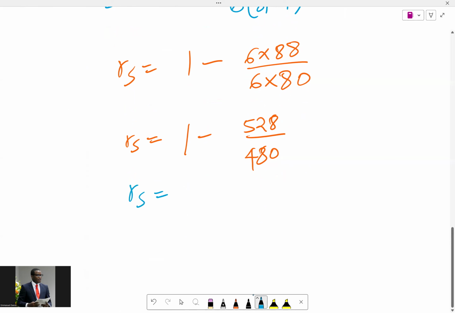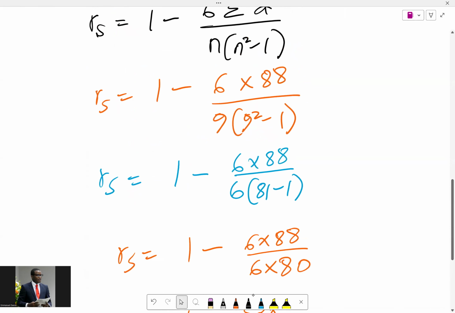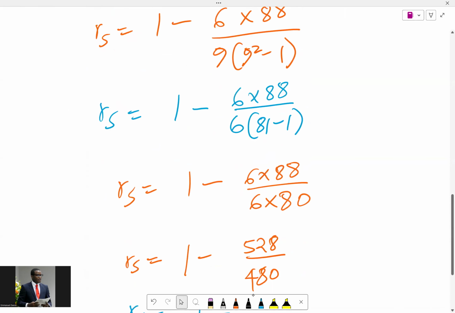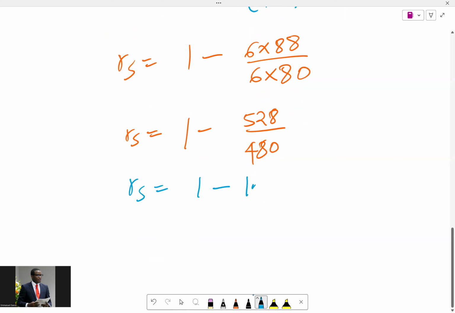Rs is equal to 1 minus 528 divided by 480, which is about 1.1. So we are going to get a negative value the way it's coming.